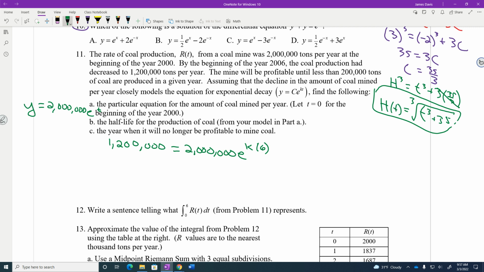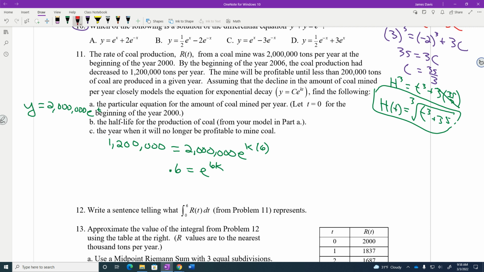So let's do that. Divide 1,200,000 by 2 million. Okay, 0.6, right?